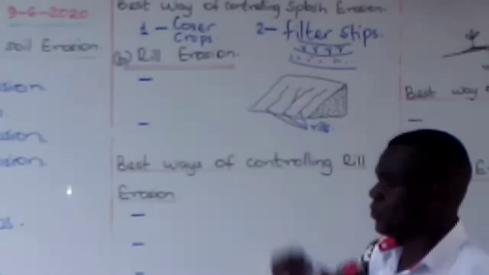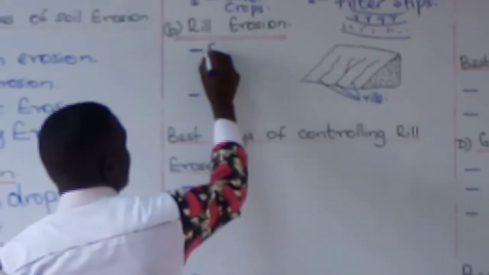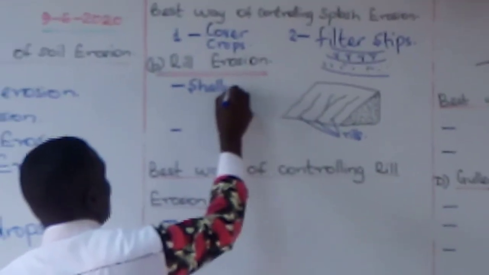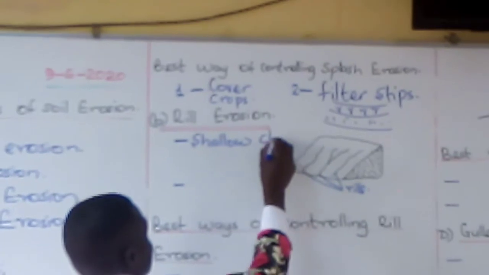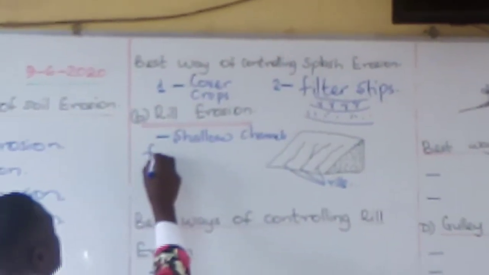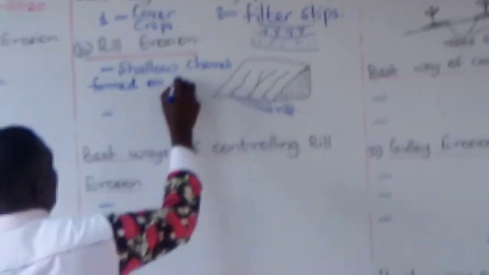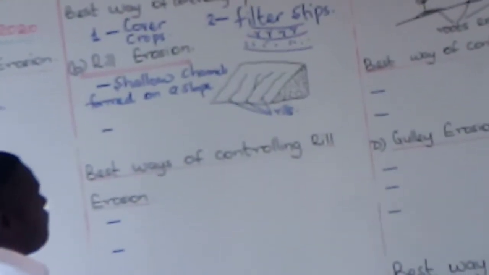That's it. Let's come to type number 2, rill erosion. Rills are shallow channels formed on a slope.